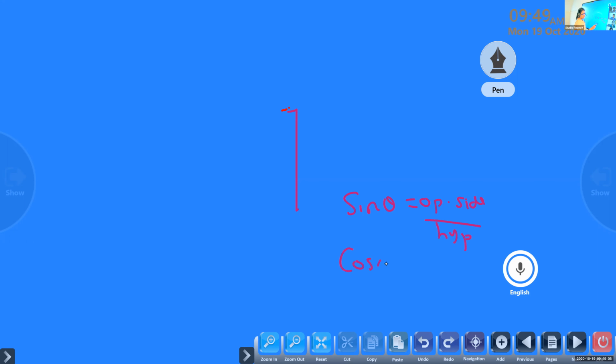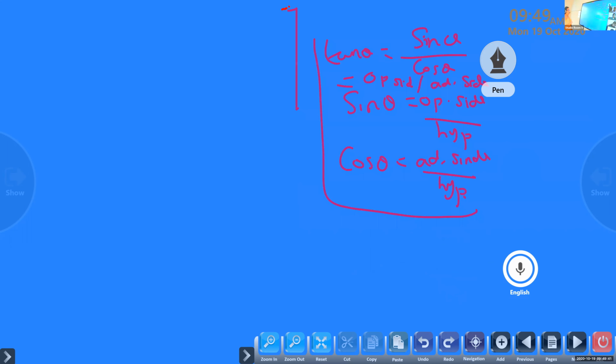Cos theta means adjacent side by hypotenuse. And tan theta is opposite by adjacent, that is sin theta by cos theta, so the hypotenuse gets cancelled. You will get opposite side by adjacent side. You have to memorize this, because in physics we use a lot of theta.